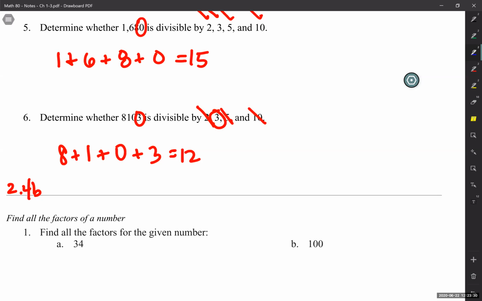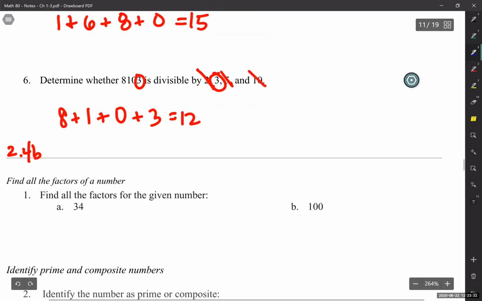Okay, find all factors of a number. So we're going to use our divisibility rules to find these factors. In other words, we want to know what makes up 34. So using the divisibility rules, I can see right off the bat that 2 goes into 34.